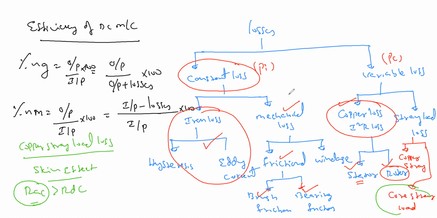ठीक है? Just copy this. सब कुछ पता है, but you copy this one. Copper steel wool loss. एक point लिख देना, copper steel wool loss.